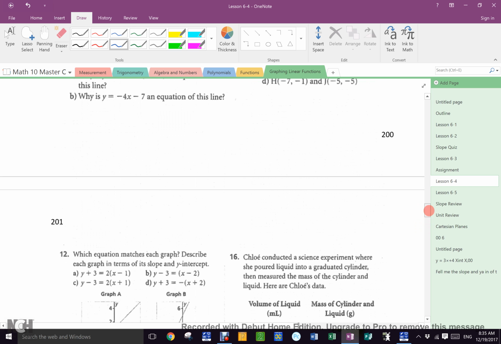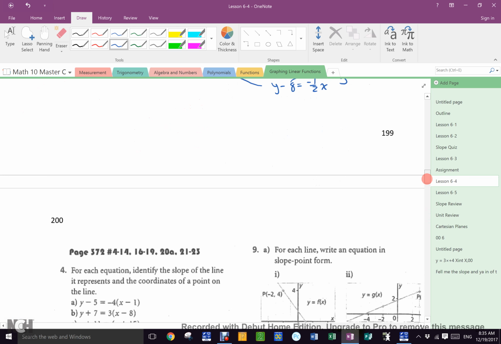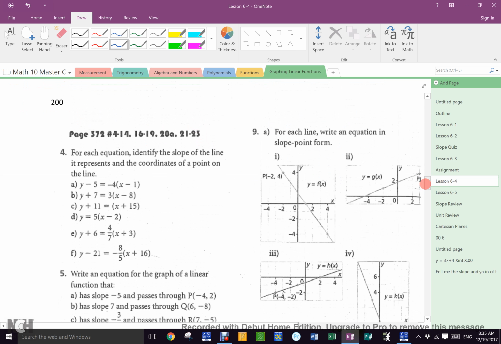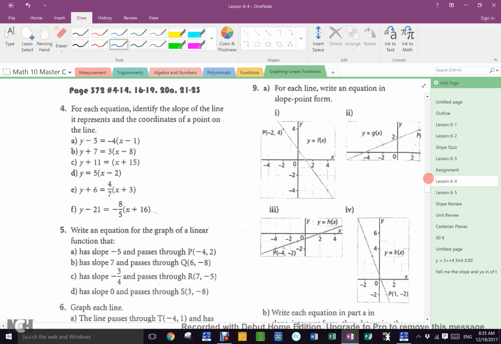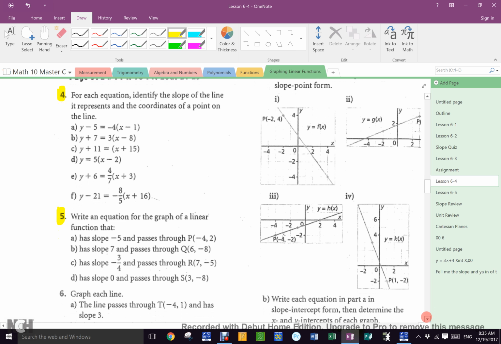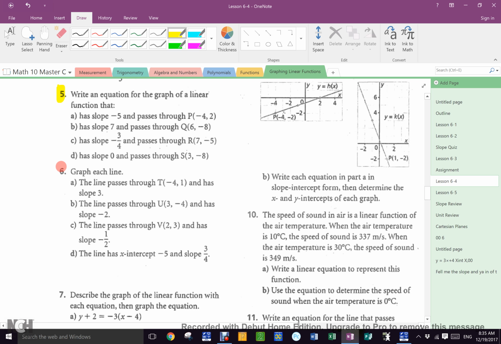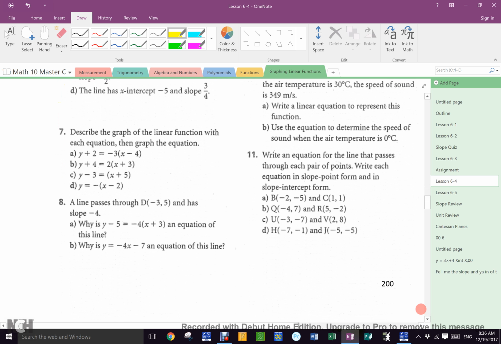So I'm going to cut this down a little because I know that when you guys see this much work, a great many of you really don't want to do it. 4, 5, and 6 are all pretty much the same thing. They're in your notes. Just do a couple of them. Actually, even 7.